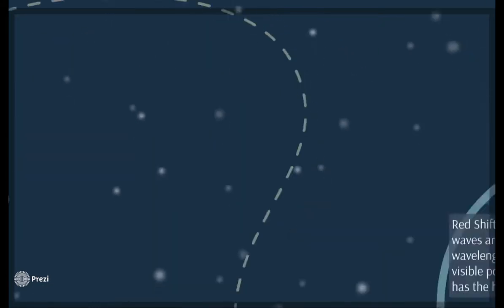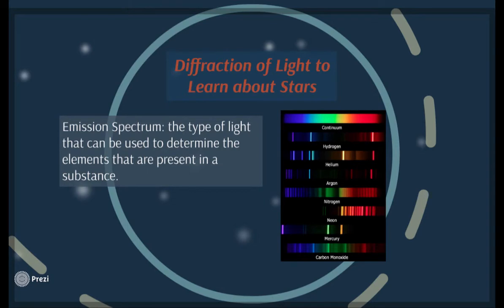So one thing that we know about stars is if, as we're looking at this electromagnetic spectrum of visible light, scientists have found that different elements that are contained within stars can actually emit light of different wavelengths, and they get a fingerprint of sorts.